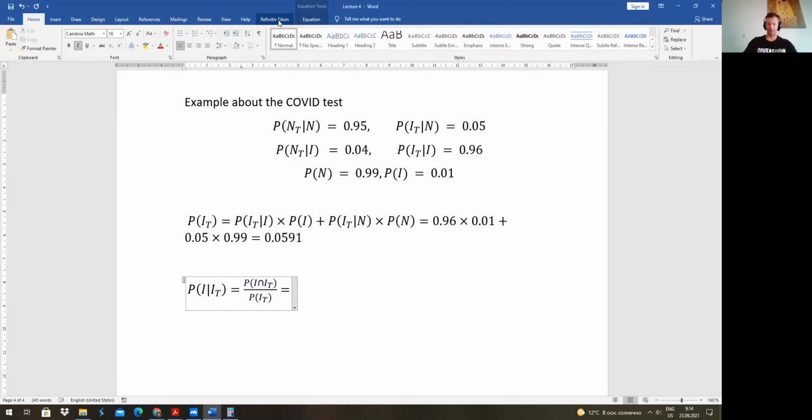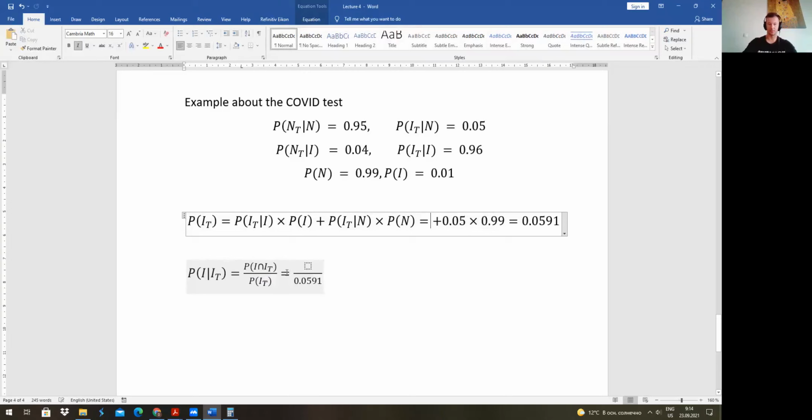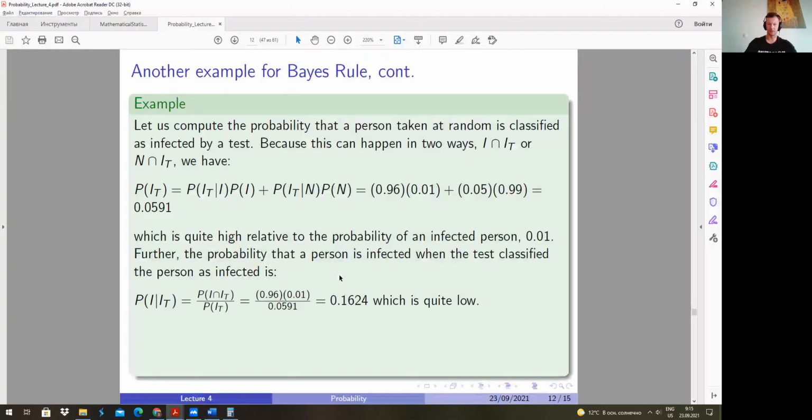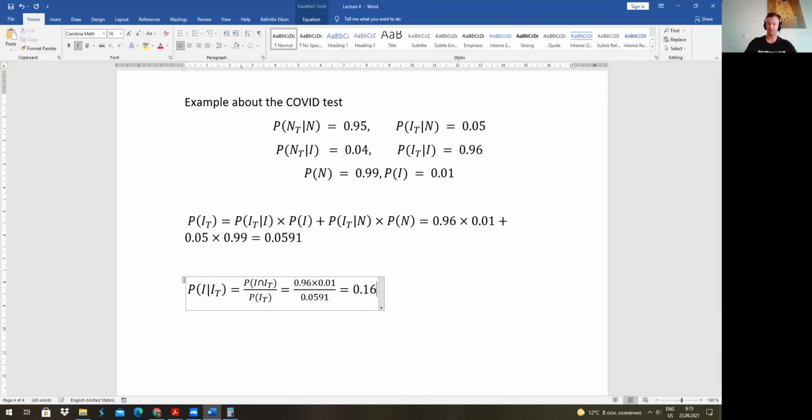So the fraction is 0.0591 here, and in the numerator we have this part, like this. And the result is 0.1624.